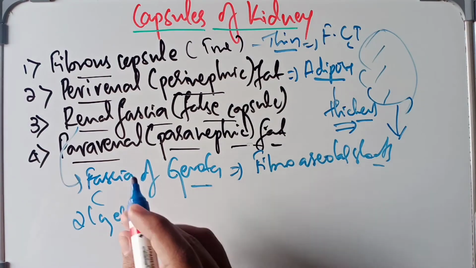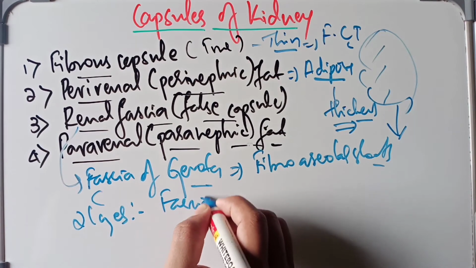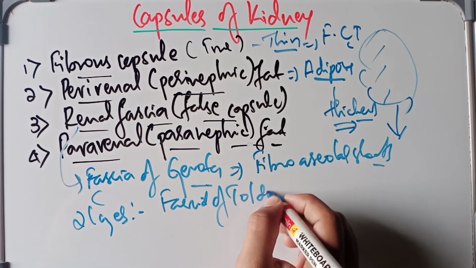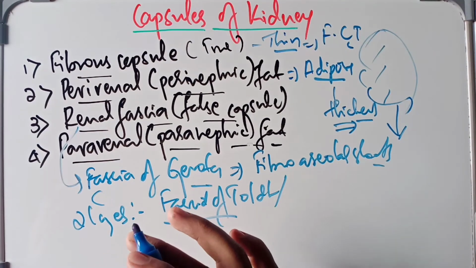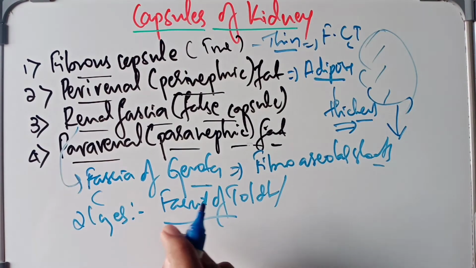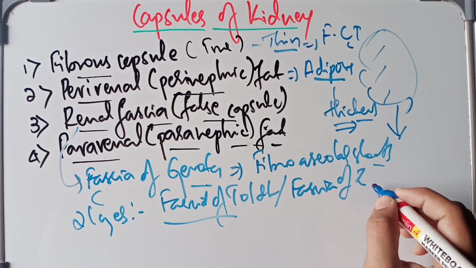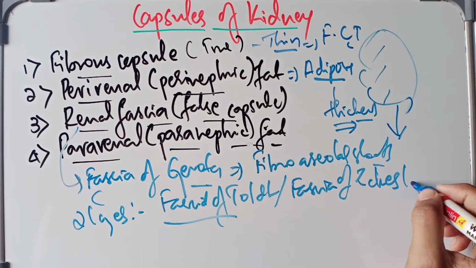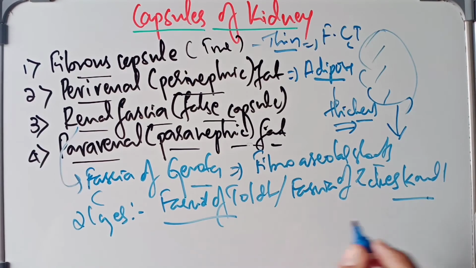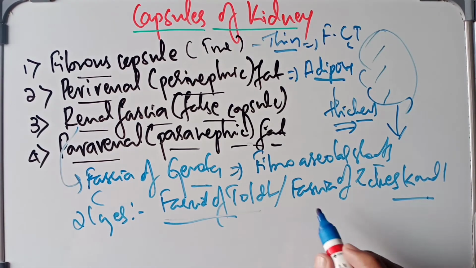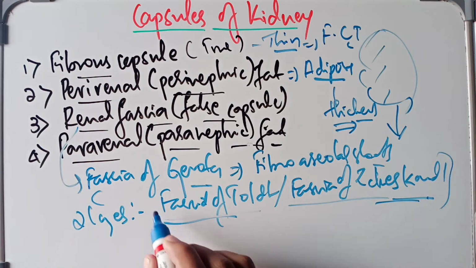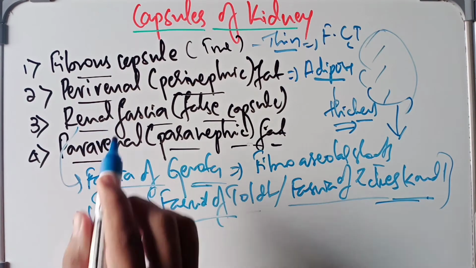An ill-defined anterior layer, called the fascia of Toldt, and a well-defined posterior layer, called the fascia of Zuckerkandl. These are the two layers of the fascia of Gerota or the renal fascia.